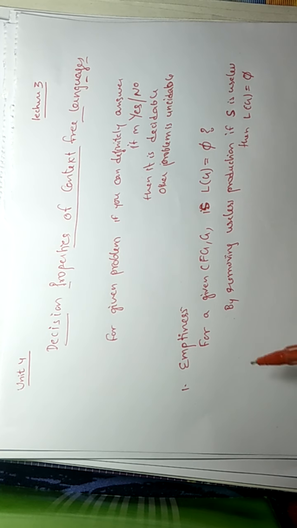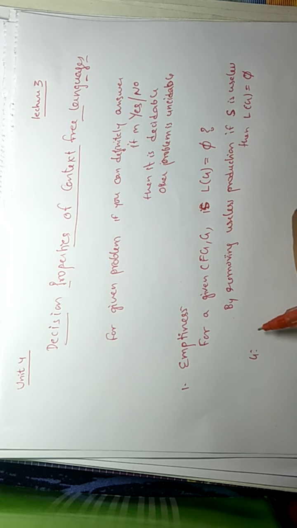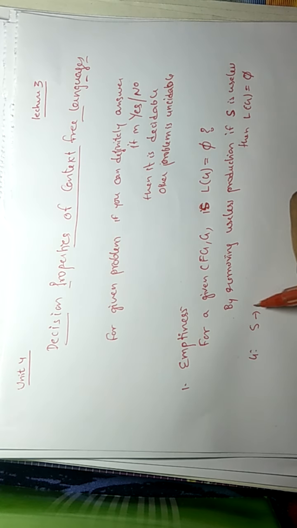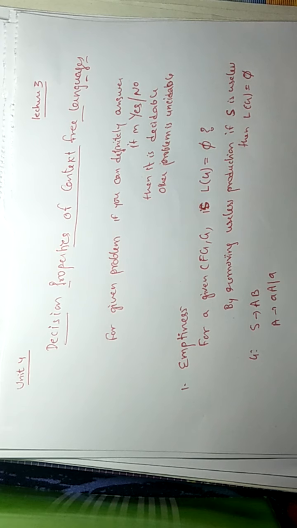For example, say grammar G is S tends to AB, A tends to a. Suppose this is a grammar. Can you generate something from it?